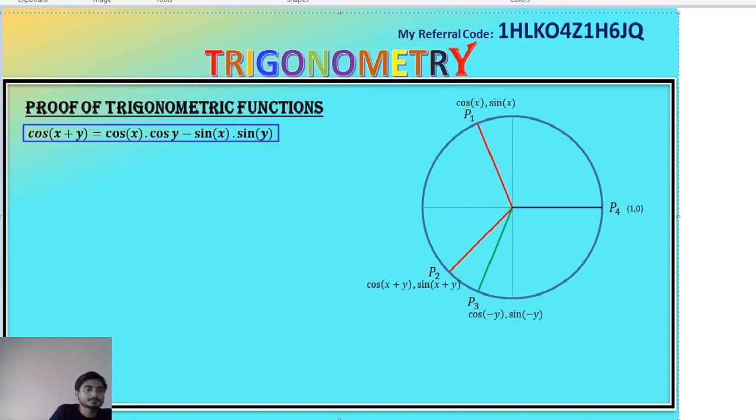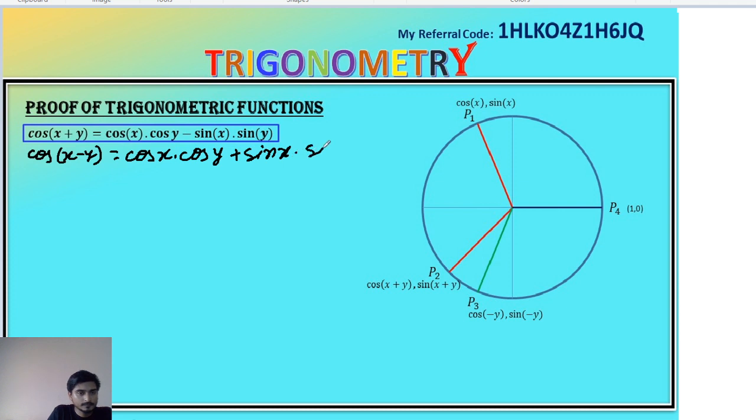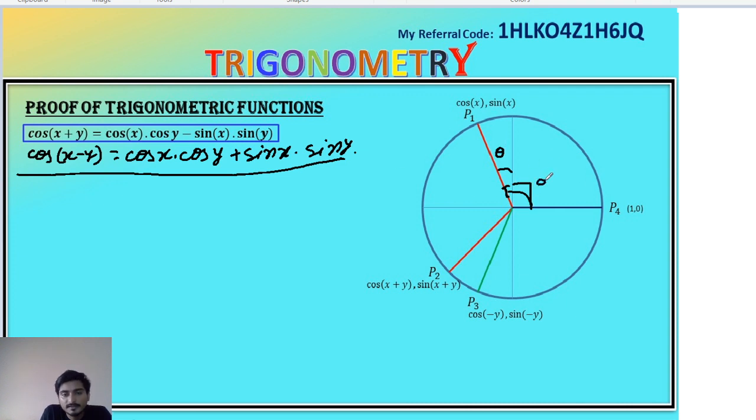Okay, so now we know this formula and we know this formula. Now using these two formulas, see this triangle, assume this is theta, and I know the value of cos of this is 90.